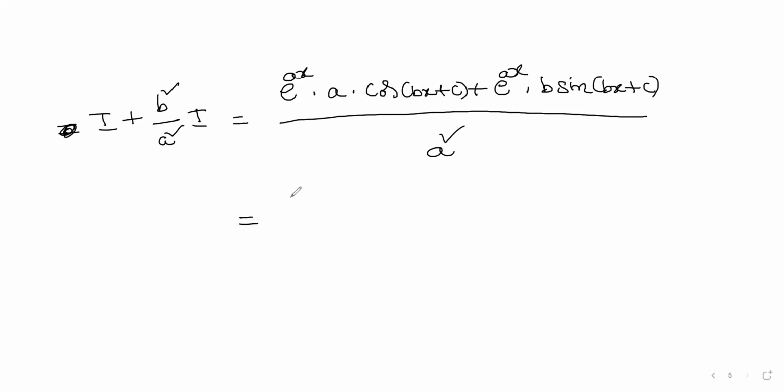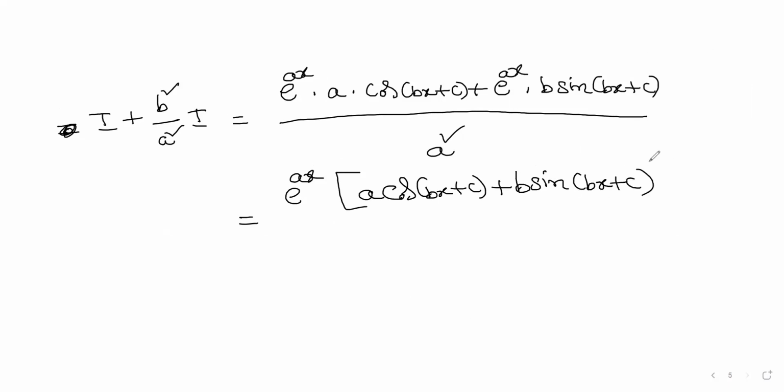And now you have e power ax can be taken common over here, and then you have a cos bx plus c plus b sine bx plus c. This is one standard integral, very important for your board examinations. So that's why I'm solving this, divided by a square.